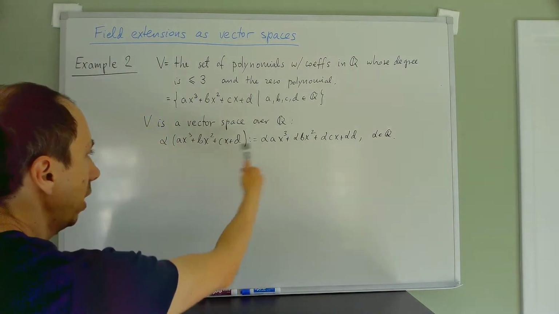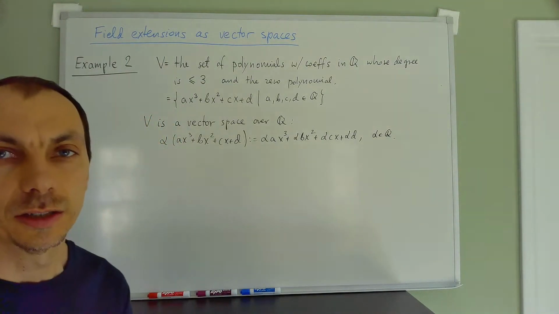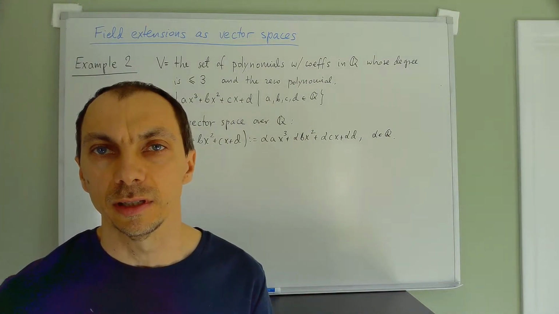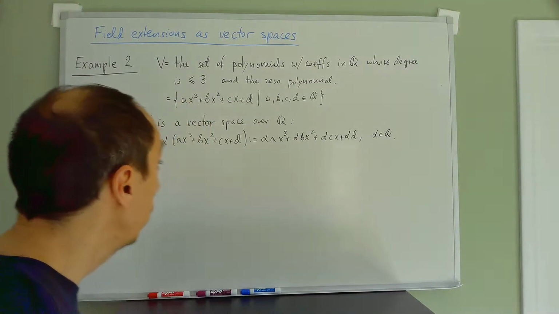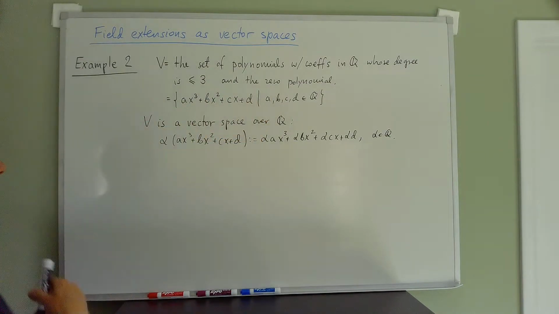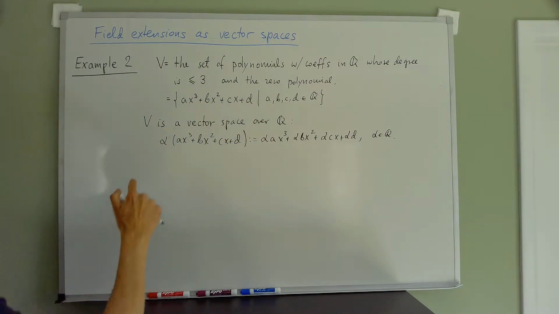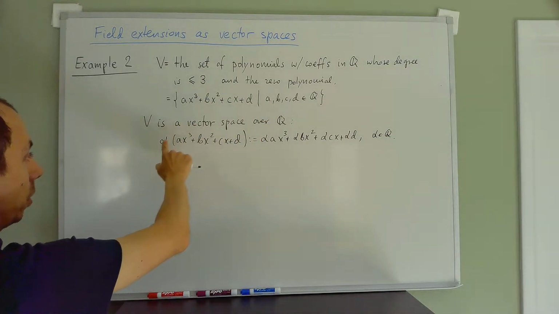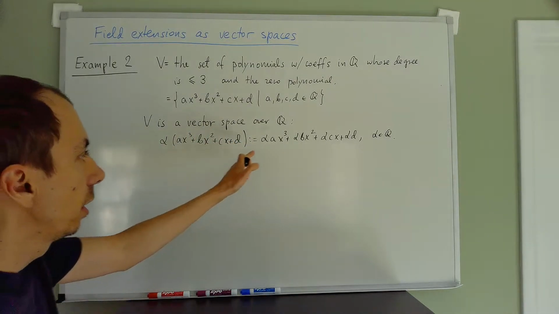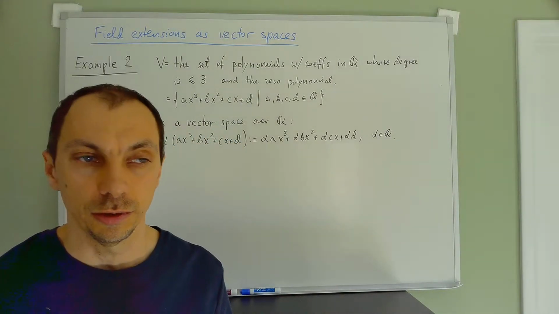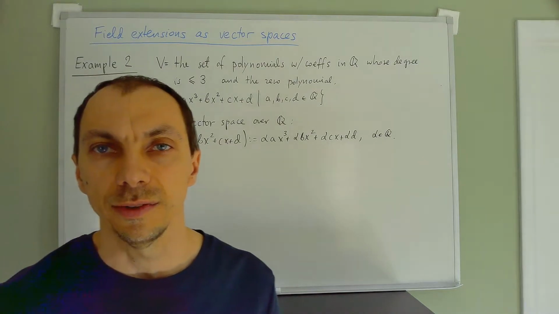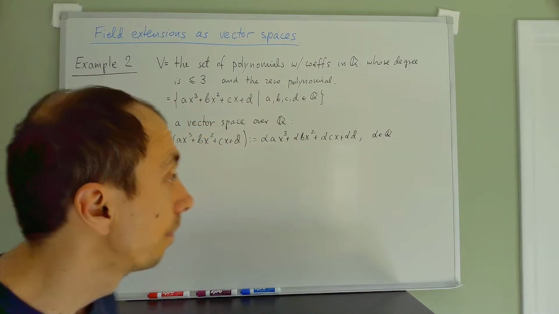You would definitely define it like this, right? It's nothing strange about this. Which means that this set is a vector space over Q. Certainly if this polynomial is of degree less than or equal to 3, then the resulting one is also of degree less than or equal to 3, and you can check that it satisfies all the axioms. We're not going to do that.